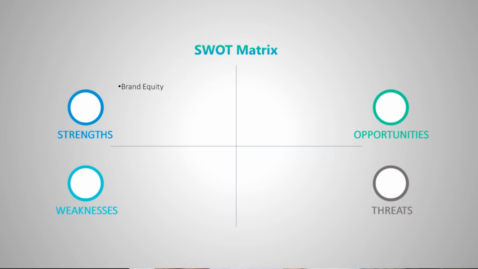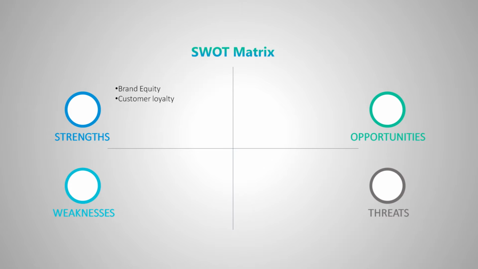Well, the brand itself, the brand equity, is actually one of the most important parts of the Apple brand. Then we can say it's a strong suit, the fact that they have very strong customer loyalty. Why? Because usually Apple customers become very loyal. The third thing, maybe their design.